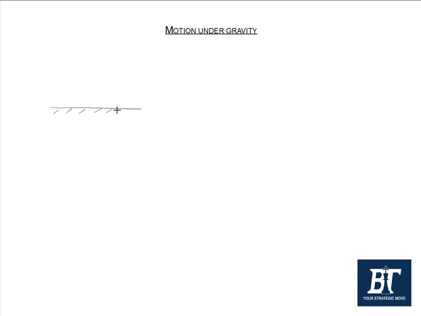Let's say a body of mass m is moving vertically upwards in this case, and in this case its velocity is downwards, and in this case its velocity is making an angle theta with horizontal.